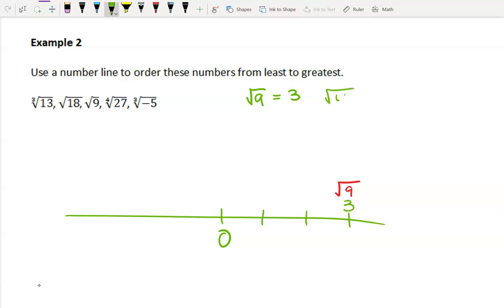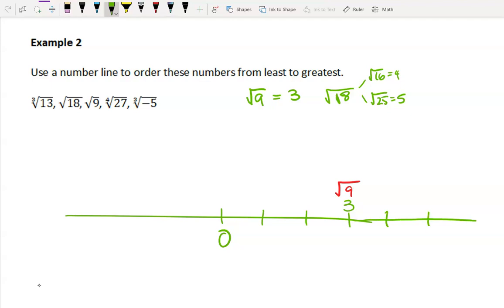Let's try and look at the next one. Let's look at root 18. That one looks maybe easier than the others. What is root 18? Well, I know that root 16 is 4, and I know that root 25 is 5. Root 18 is somewhere in between 4 and 5. So let's put that here somewhere.